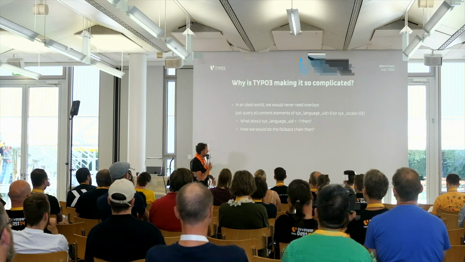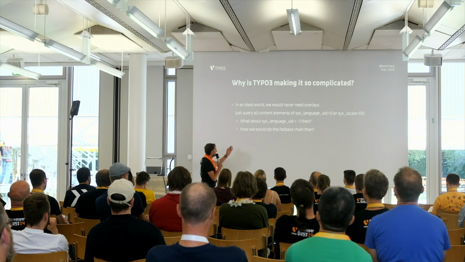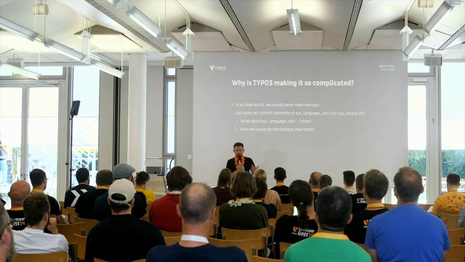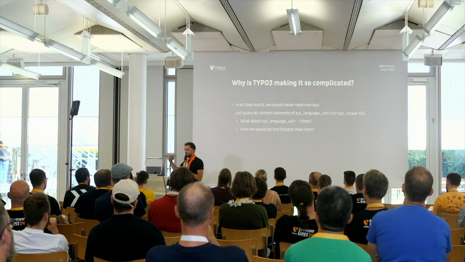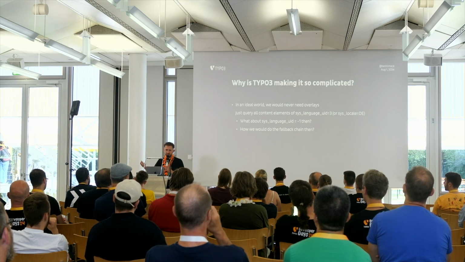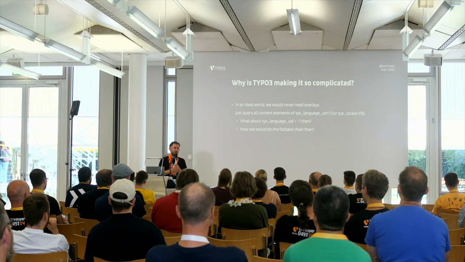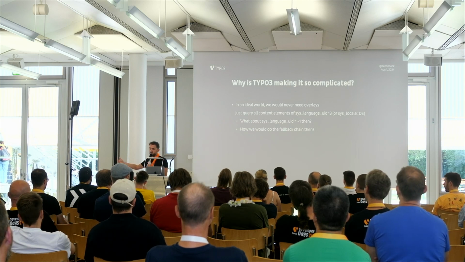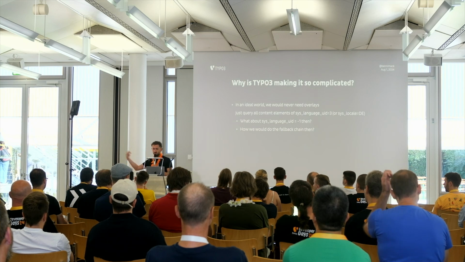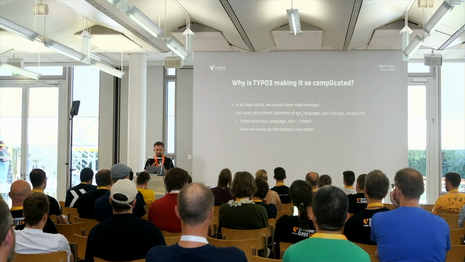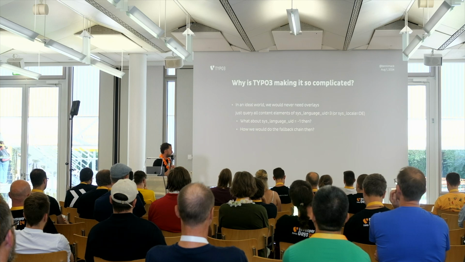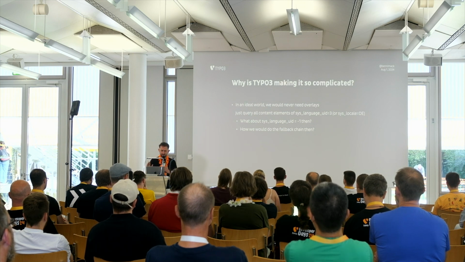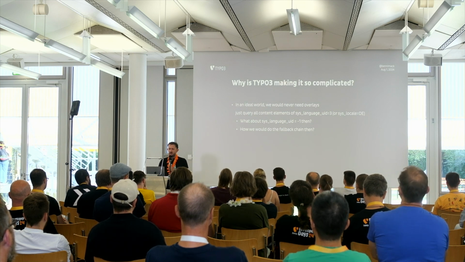Maybe you've seen that. And if we just do the free mode, we could not properly do fallback chain. So we need to keep the fallback chain somewhere in sync and make sure everything, once somebody adds something in German, that German Austria knows I need to be updated because I might do fallbacks. So this is kind of complicated, but there's no solution. I could just remove it and then people would scream again. So I try to avoid this. I just try to fix bugs and make it consistent.